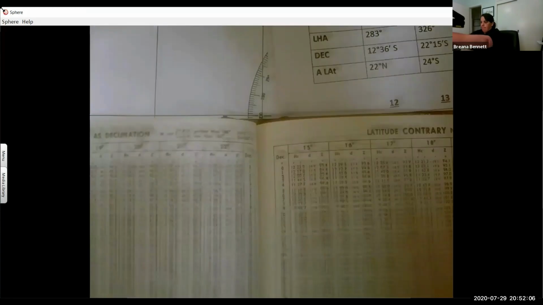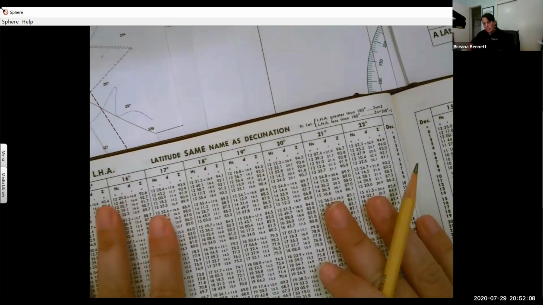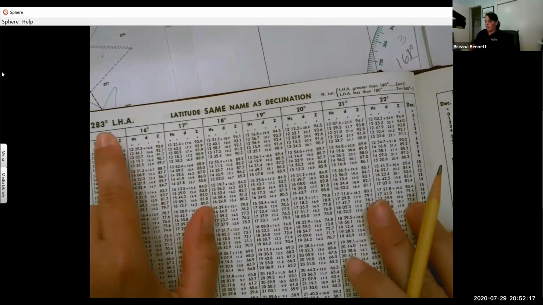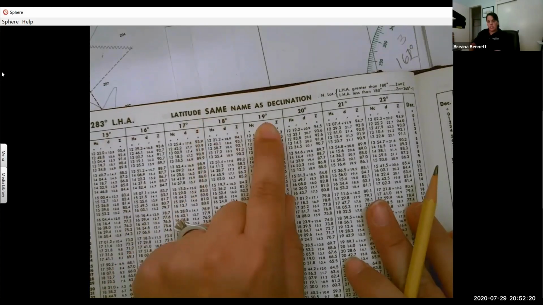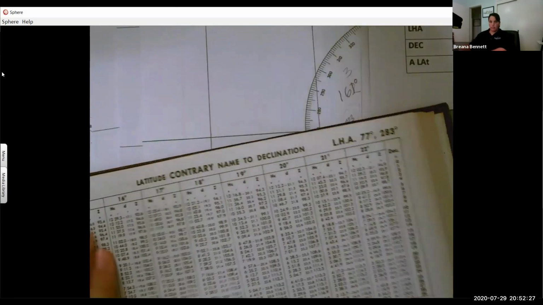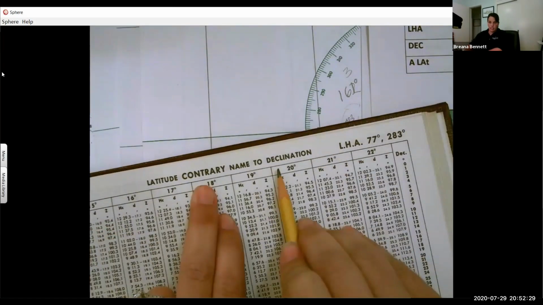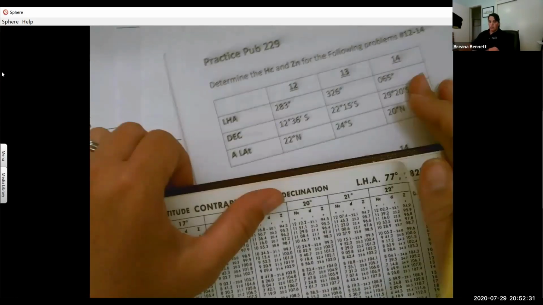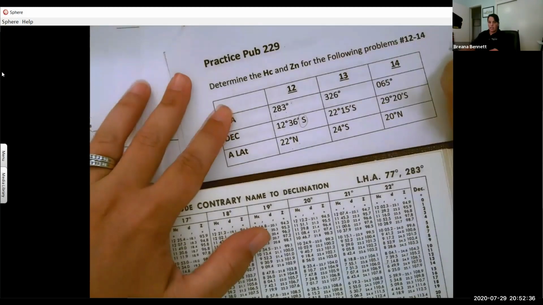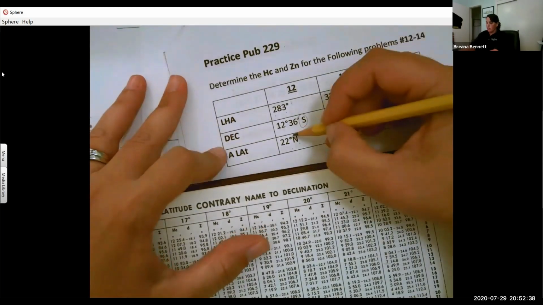So we have 283 on this side. 283 for latitude, same as the declination, and then we have 283 for the latitude contrary to declination. Our problem, we have a declination of south and a latitude of north.